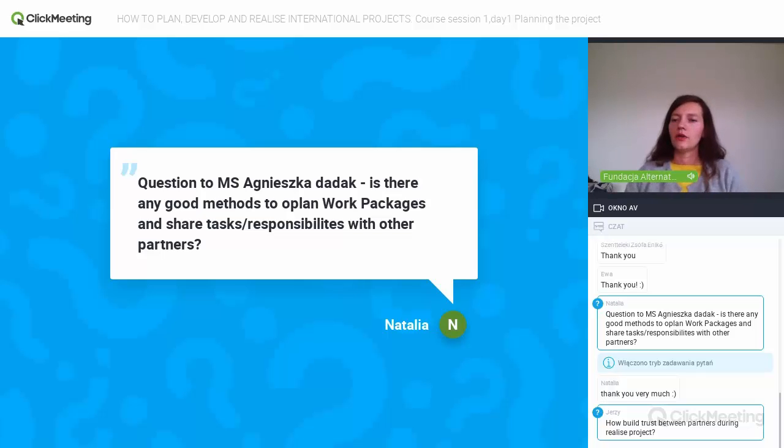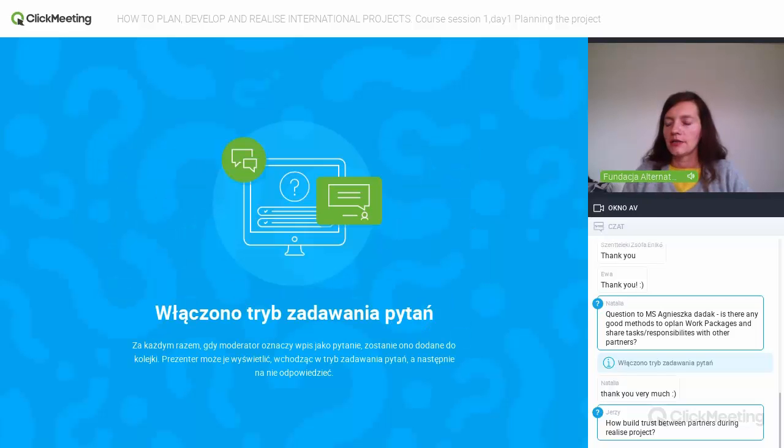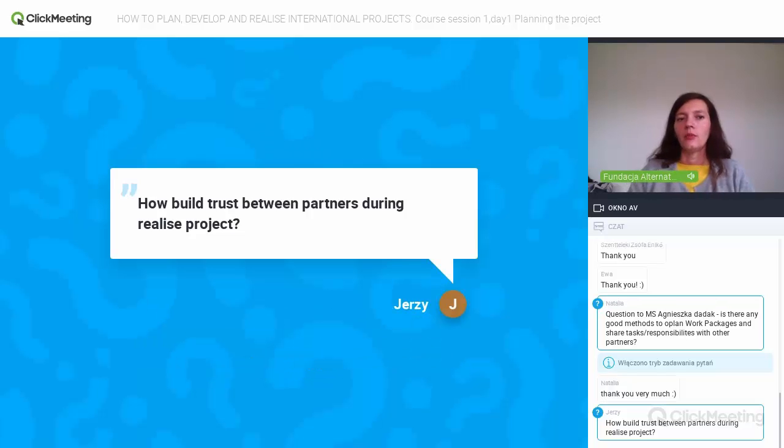Okay, I see a question from Jerzy, who asks how to build trust between partners during the realization of the project. From the practical point of view, the trust building phase starts at the project design stage. This is the picture I showed you, these two ends of a continuum of designing a project.